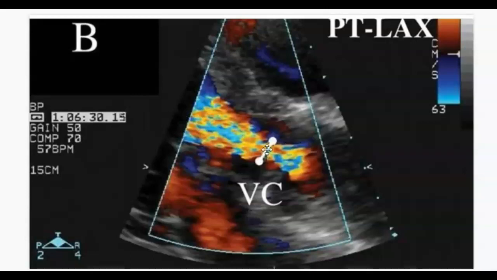But we can measure the vena contracta right here, and that's after it leaks in. At the very narrowest point, where the blood comes together, where the fluid velocity is at its maximum, that's when we measure our cross section right here.